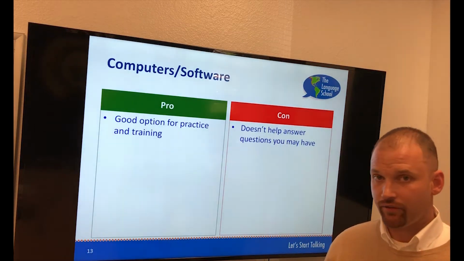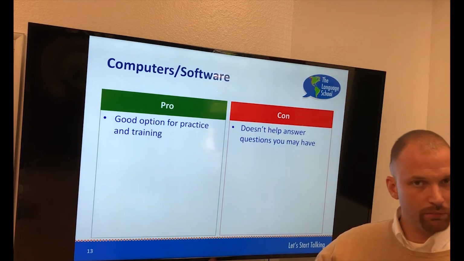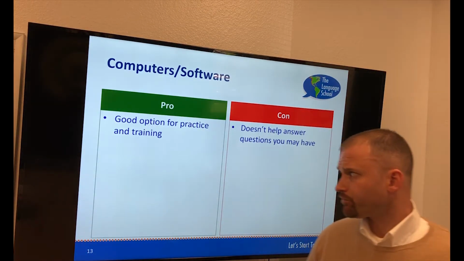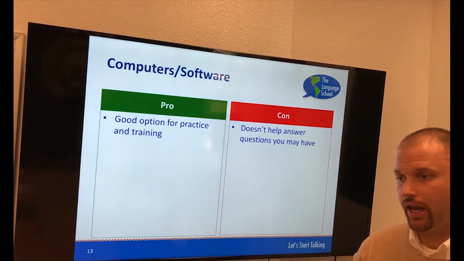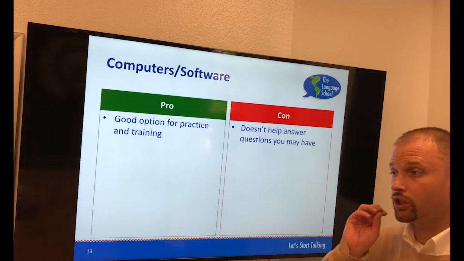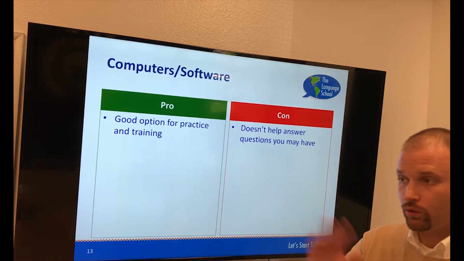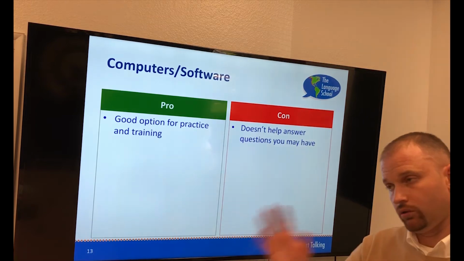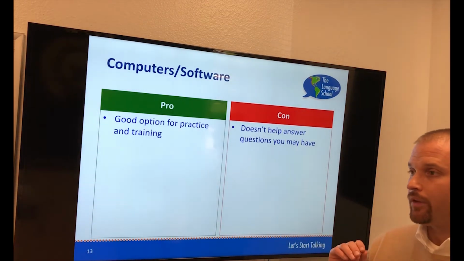You have to do anything and everything you can to be consistent, to make sure you're doing just a little bit every single day. In certain applications, for example, Rosetta Stone has a really cool voice recognition technology built into it. So you actually have to talk to the computer and it will correct you on your pronunciation, or at least it will tell you that you're not pronouncing something the right way.